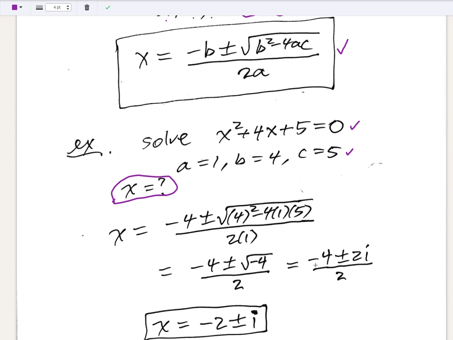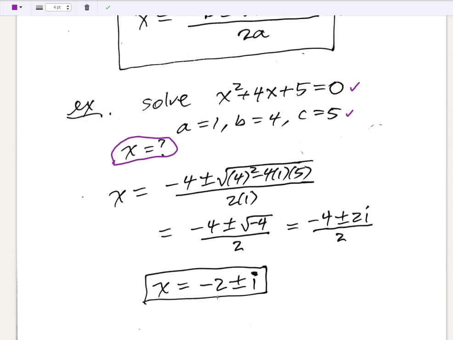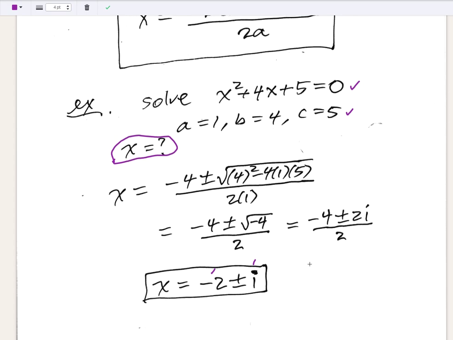So we have negative 4 plus or minus 2i over 2. Remember that 2 is dividing both of those terms. So I get negative 4 over 2 is negative 2, and 2 over 2 is 1i. So we've got two solutions, negative 2 plus i and negative 2 minus i.